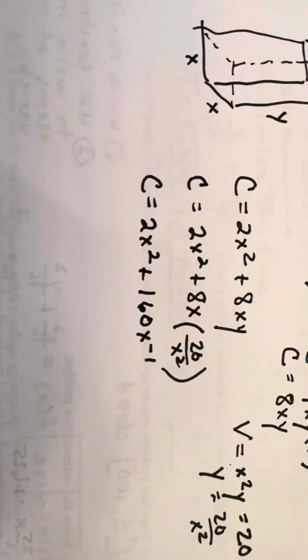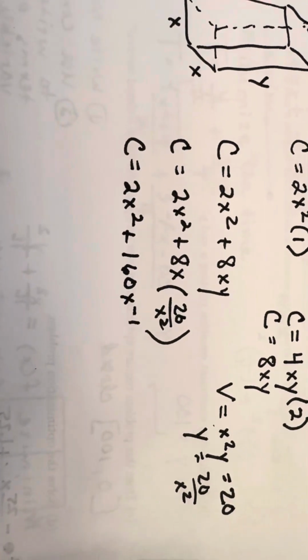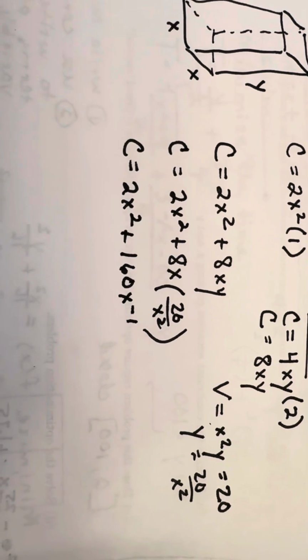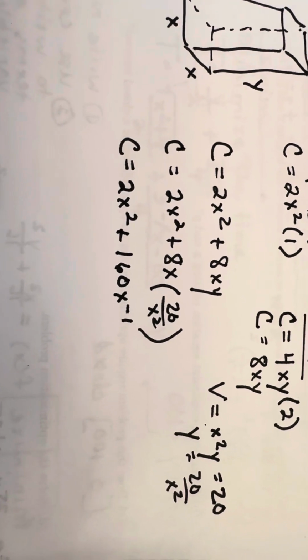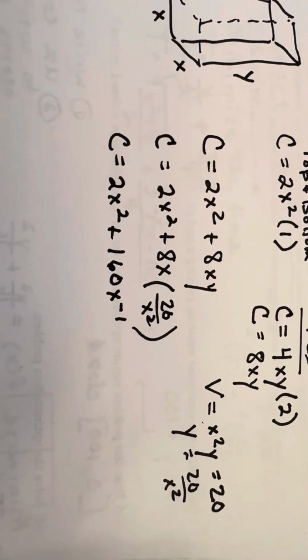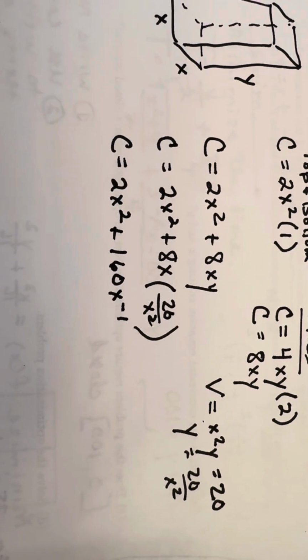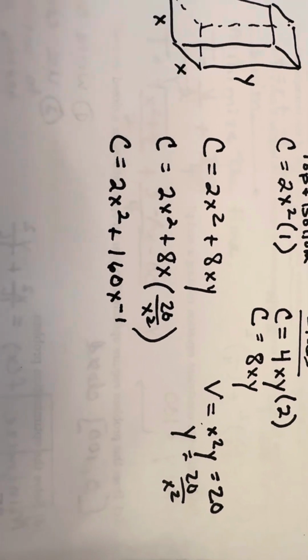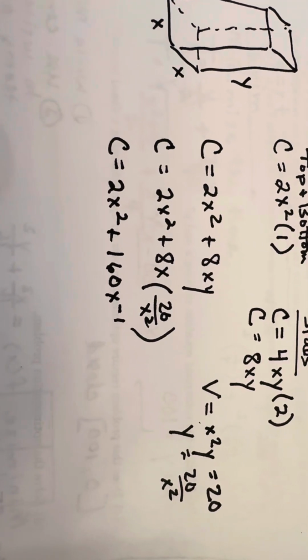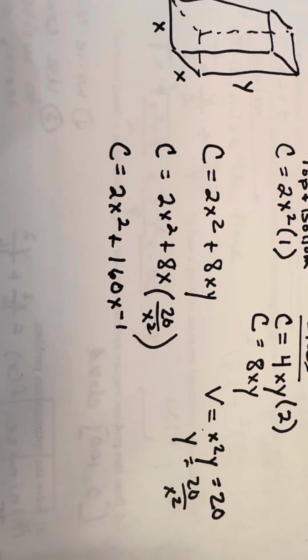Okay, and then the next thing that I'm going to do, and this one gets kind of big and ugly, I'm just going to show you the work because the video is getting rather long. Okay, you're going to set it equal to 0, and after you take the derivative, obviously, find those critical values.